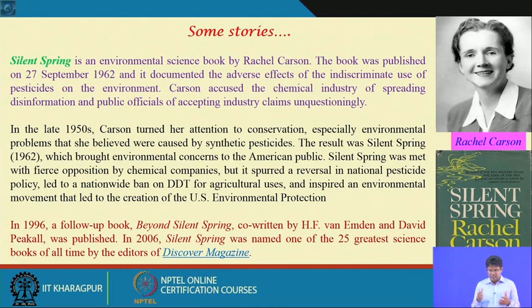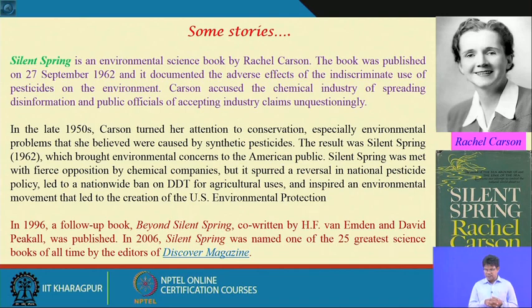You can see that the same lady scientist also got breast cancer in 1960, and she took some time to improve her health. By 1960, the book was released, which brought environmental concerns to the American public.